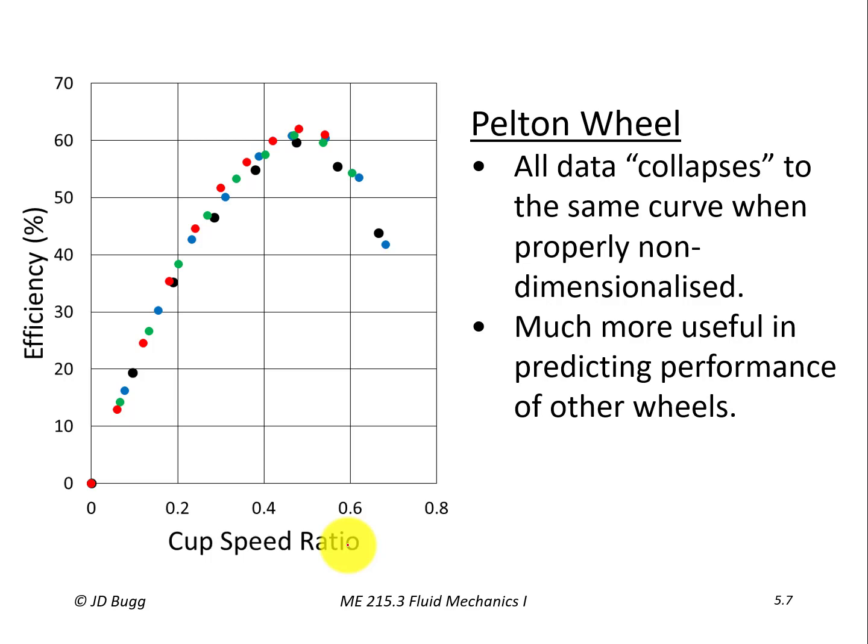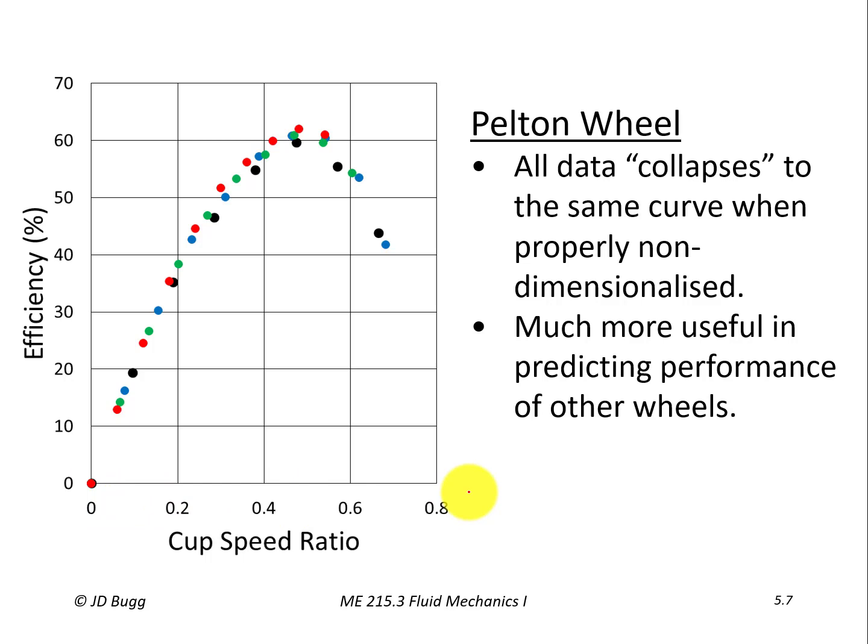In fact, all of these efficiencies that we talk about in engineering, they're really dimensionless groups because they're unitless numbers. They're usually expressed as a percentage, but they're a ratio of 2 powers or a ratio of 2 energies or something like that, okay? So they're always dimensionless numbers. So think of efficiency as dimensionless power and cup speed ratio as dimensionless speed.